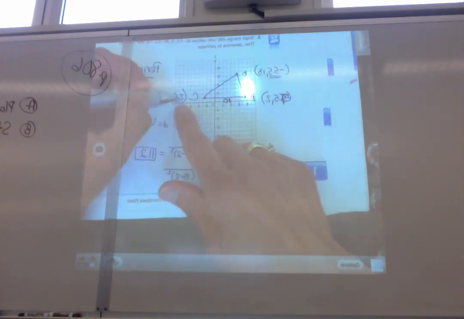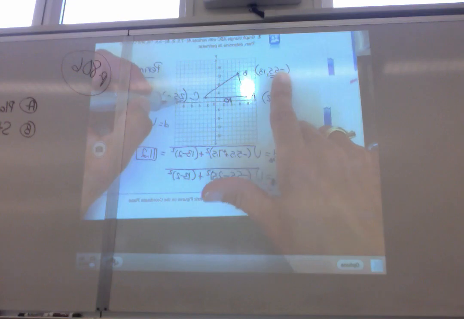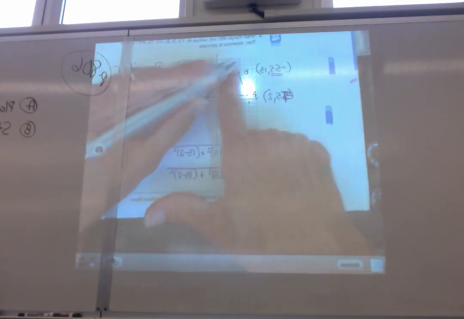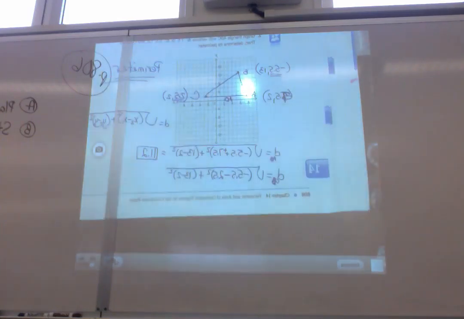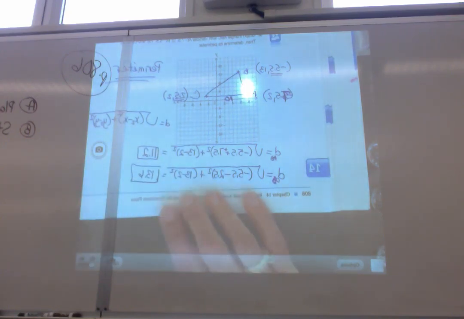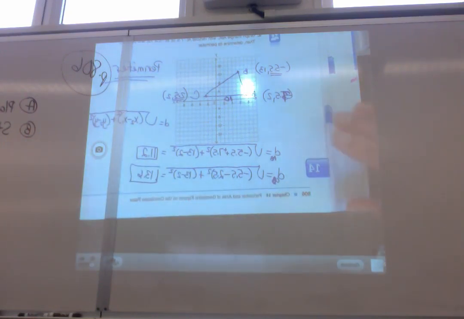If you started here and subtracted that way, that's okay, as long as the pattern's the same. Different people might have started at one point or the other point. What do we get for a final answer here? 13.6. Those seem to be about the right size.